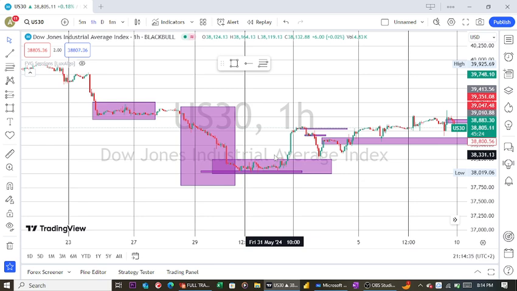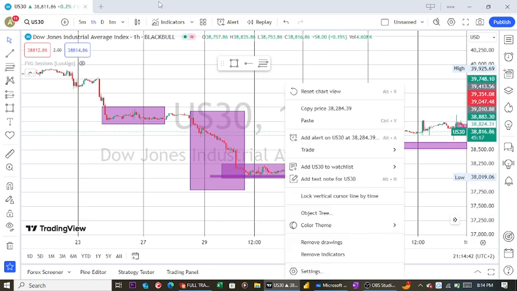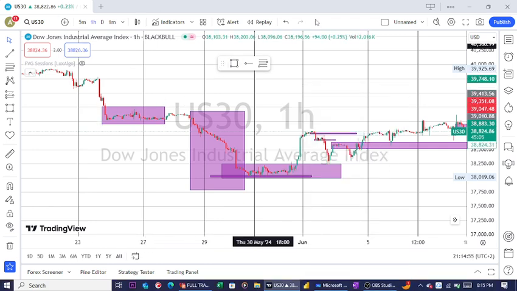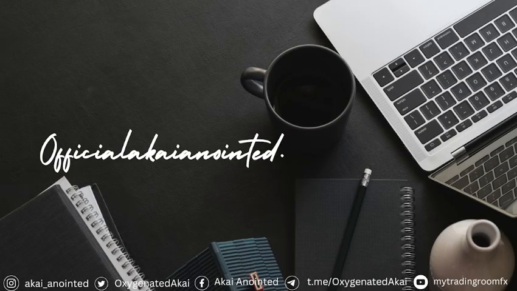So anywhere you see a consolidation, a ranging market, what you should look out for is a fake out against the initial trend direction. Once you get it, you can now start thinking of going towards your main direction.